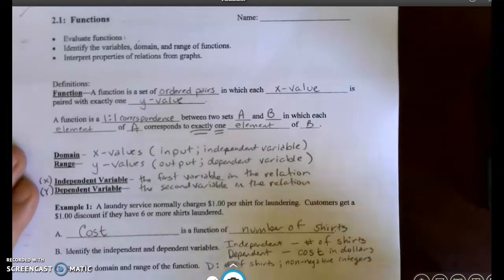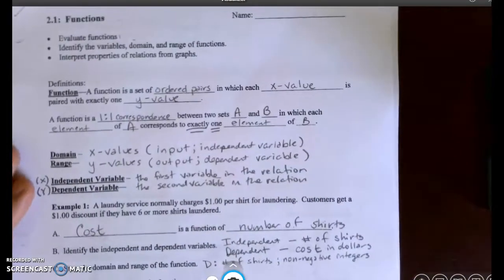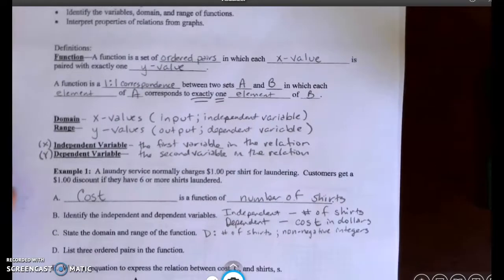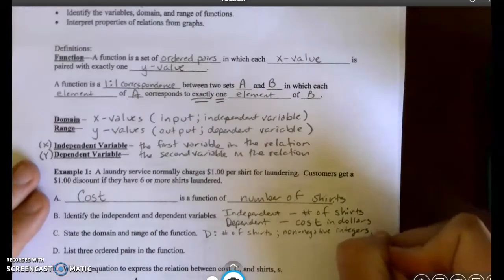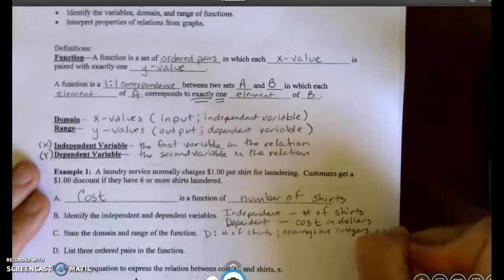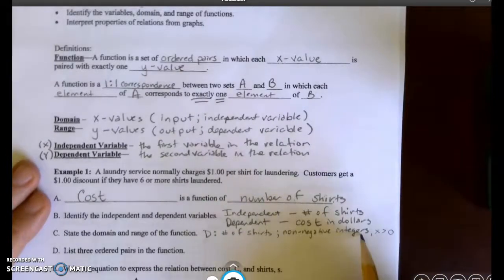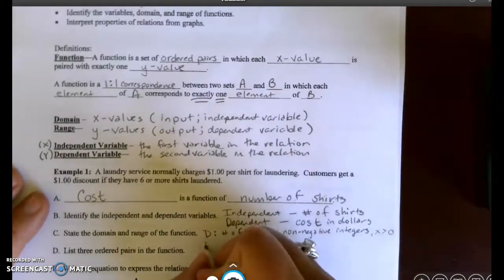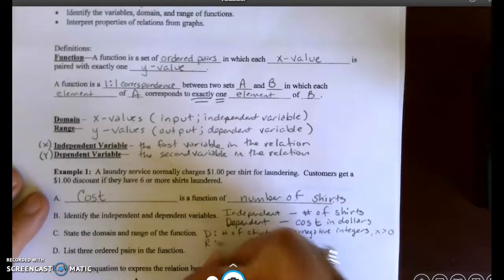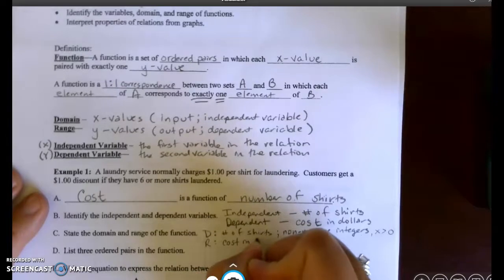Can't have decimals either. You're not going to give them a half of a shirt. So the domain, which is the number of shirts, are the non-negative integers. We could say x greater than 0, and we specified integers so that we know no decimals are going to be used there. The range, which we denote by R, is our cost in dollars.